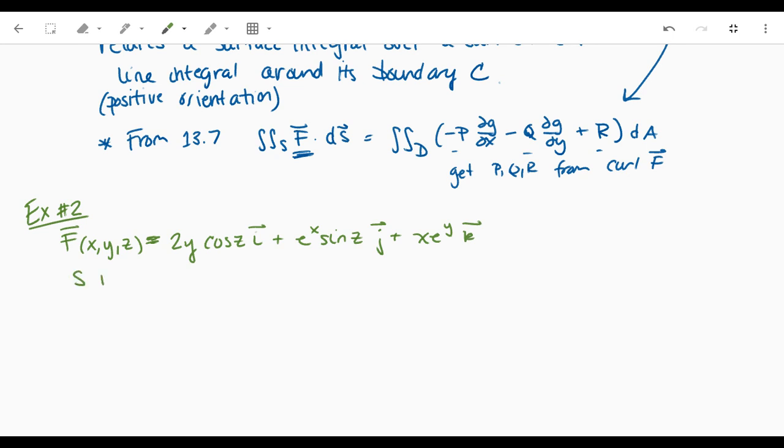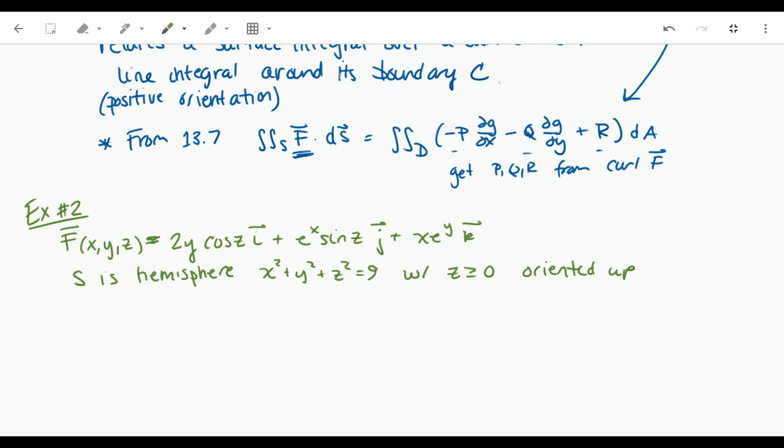And S is the hemisphere x squared plus y squared plus z squared equals 9. We know that's a sphere with a radius of 3. For the hemisphere, we'll just do the top half, and they're going to give us that it's oriented up.